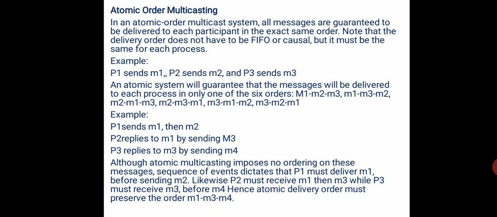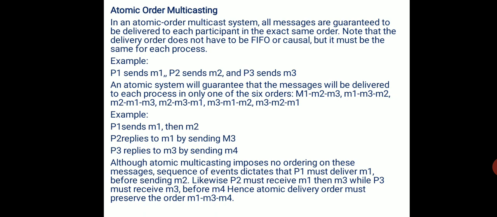For example, P1 sends M1 then M2, P2 replies to M1 by sending M3, and P3 replies to M3 by sending M4. So M3 is a reply for M1 and M4 is a reply for M3.